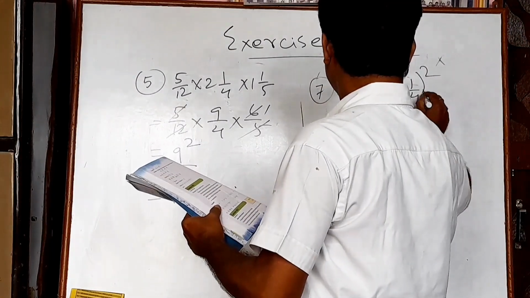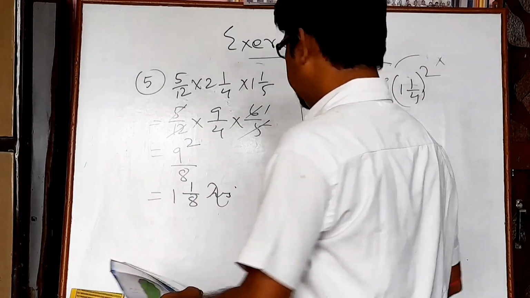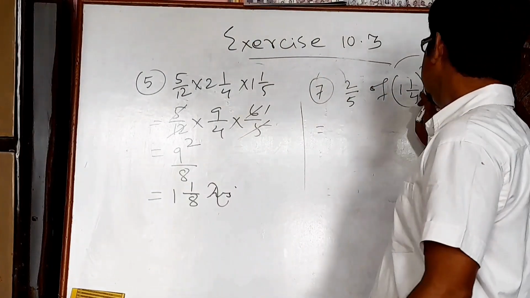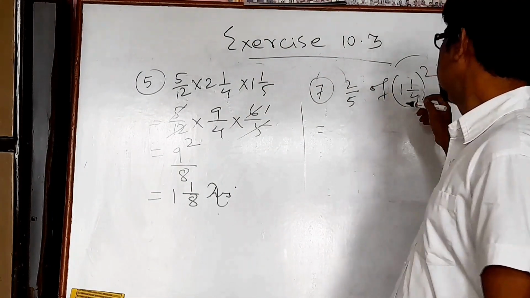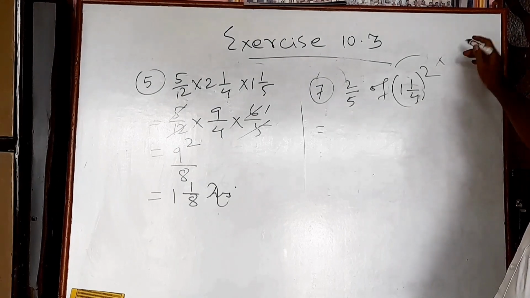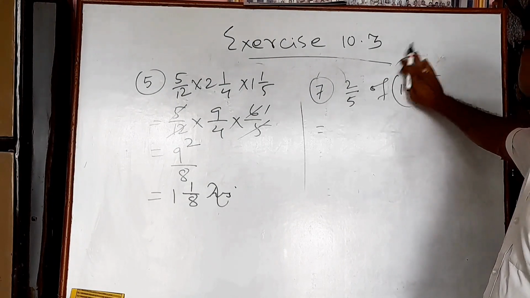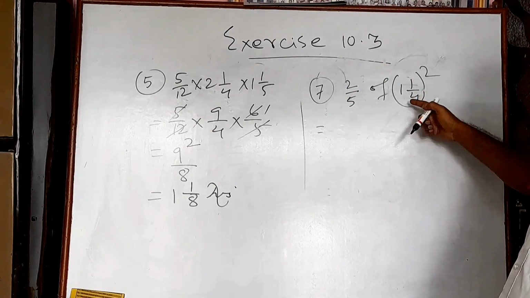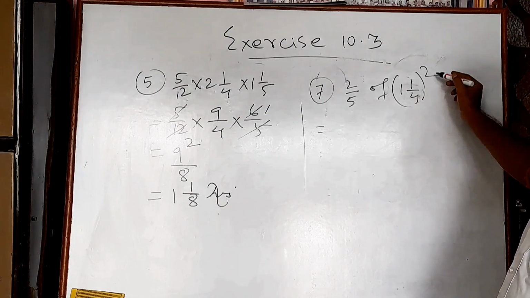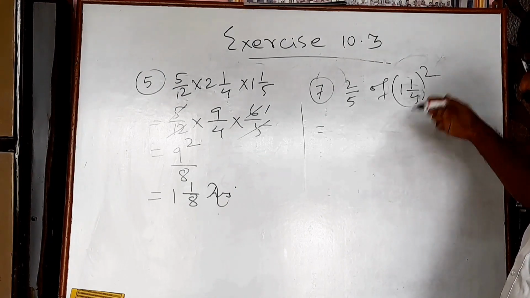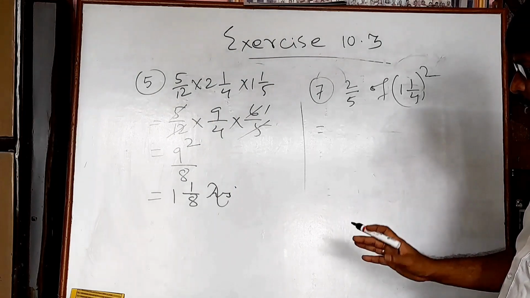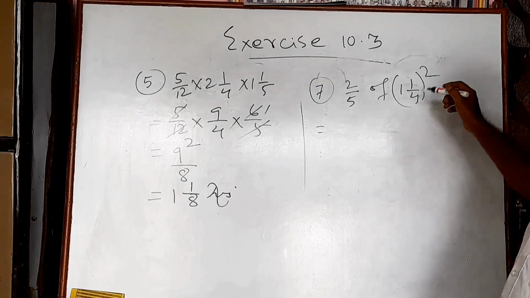It is given in the book, but this is the power or indices. In higher classes we'll study about this. This is called base, this is called exponent. This is not in the syllabus, but in the last question the power is given.